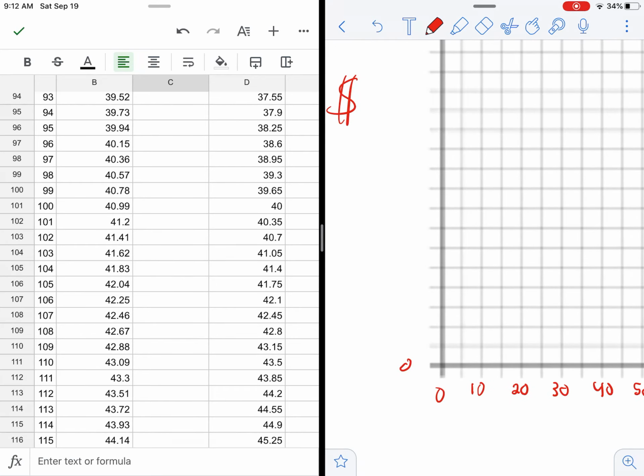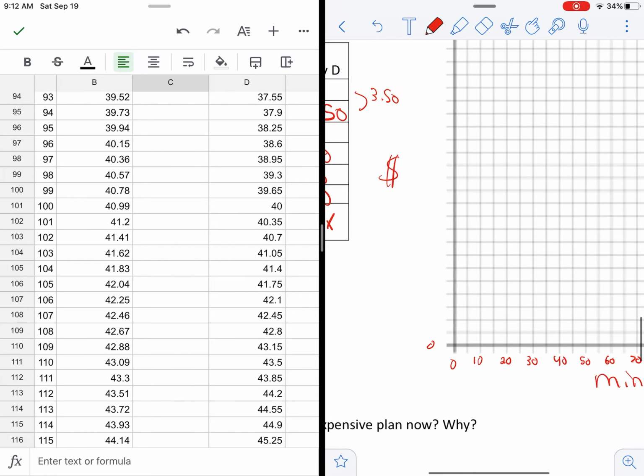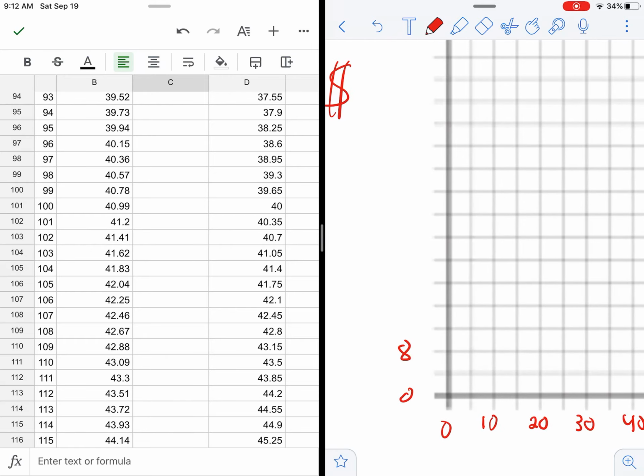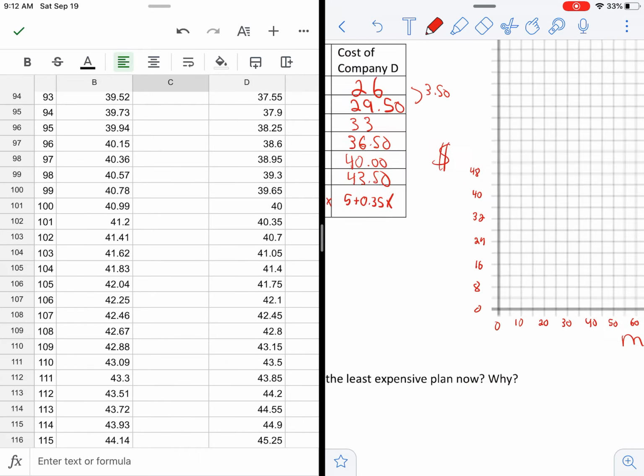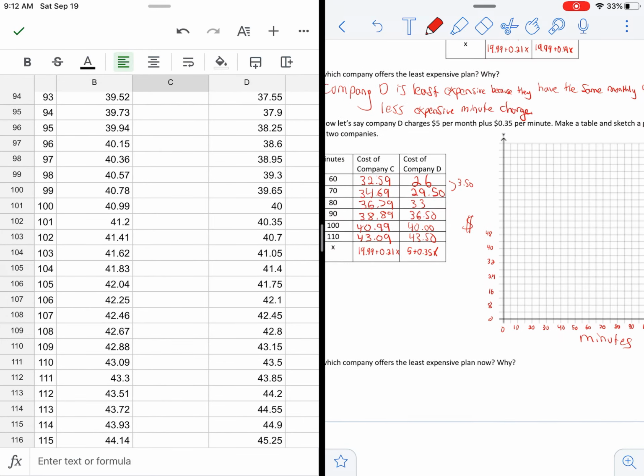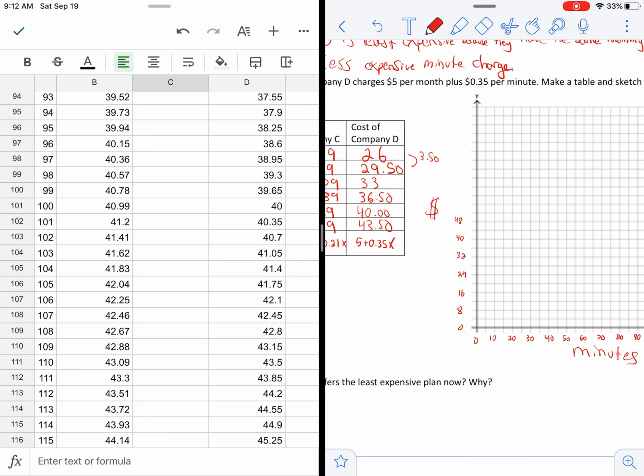Let's do 4s just to be safe. So then this would be 8. I'm going to skip lines. So 4, 8, 12, 16, 20, 24, this would be 32, this would be 40, and this would be 48.